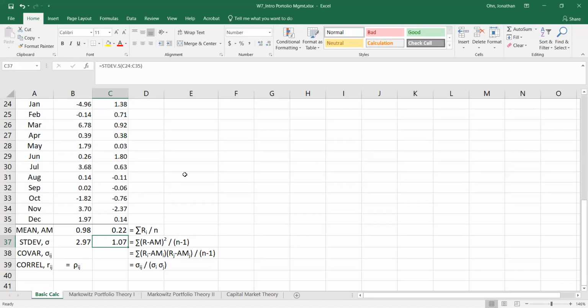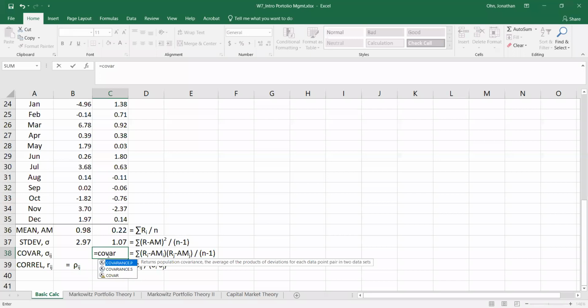Now covariance. Covariance measures the co-moving pattern of these two portfolios, right? So let's calculate it this way. Covariance is just covariance. Highlight this one column, and then highlight the other column.